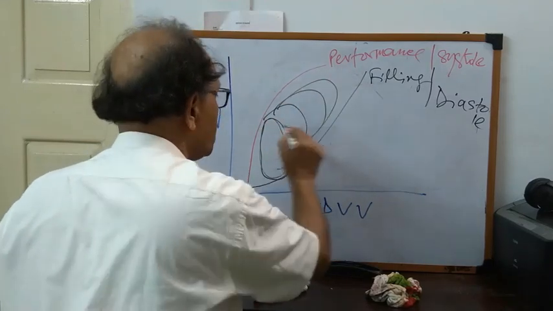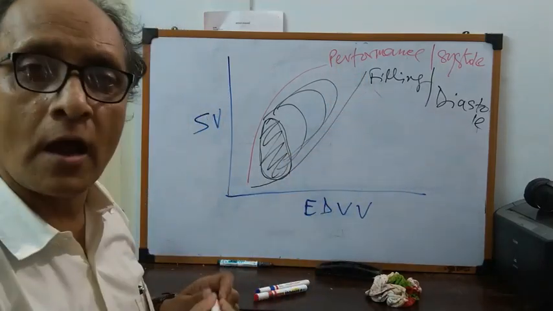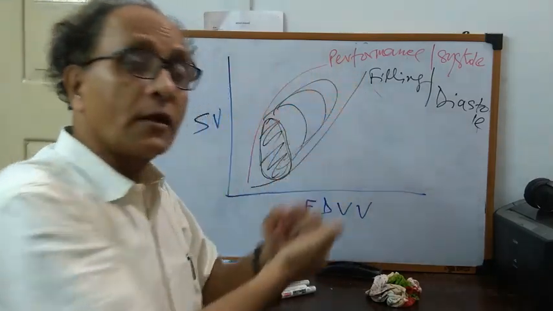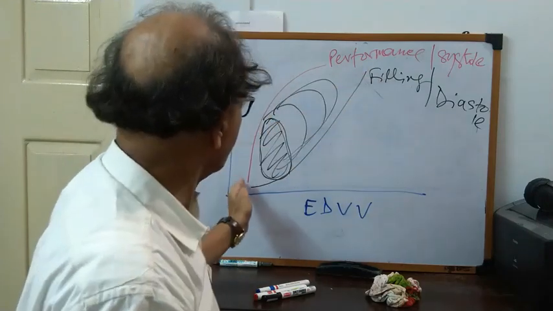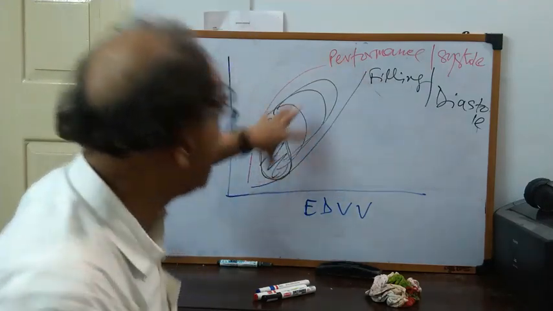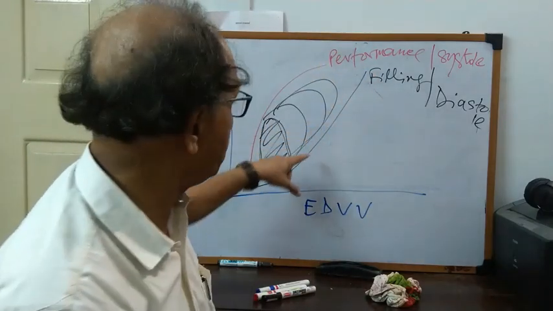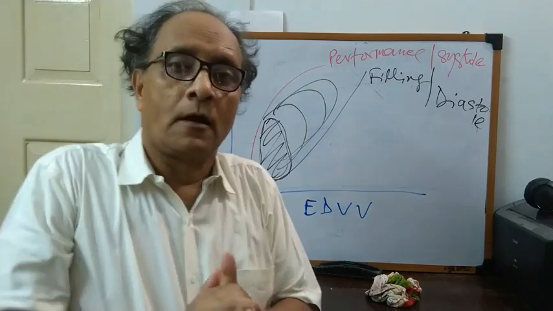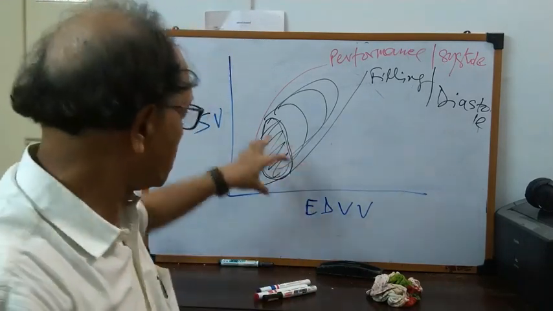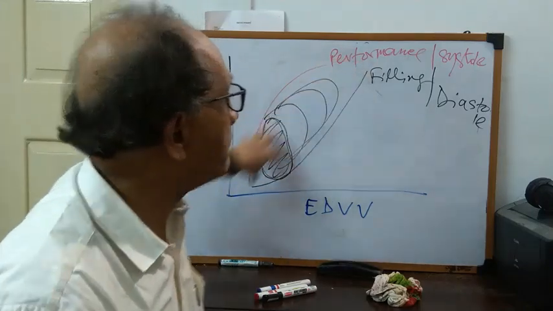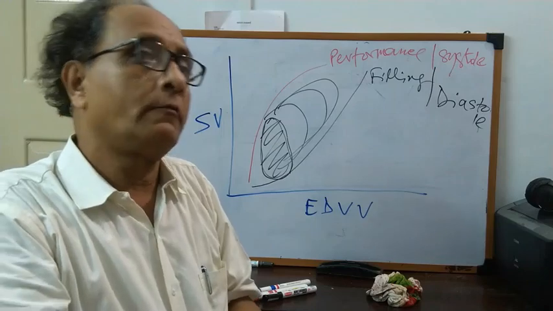So these are the reserve regions. Suppose the resting state is this much, and these are the reserve regions in which our ventricle can perform. This is the resting pattern, this is the active pattern, and the area between these two curves indicates the ventricular performance zone in the resting state and at various levels of activity. If you understand this much, I will stop here.